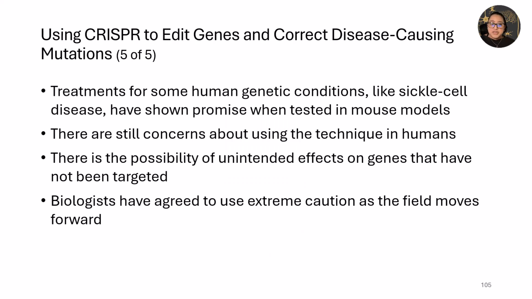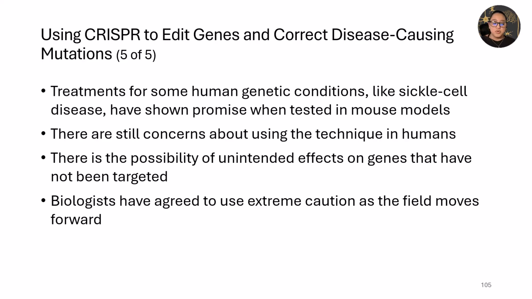And so treatments for some human genetic conditions like sickle cell disease have shown promise when tested with mouse models. But there are still concerns about using this technique in humans because it's not always 100% perfect. There is the possibility of unintended effects on genes that have not been targeted. So even though you're trying to specify as much as possible, like, hey, this is the sequence you should be looking for, sometimes it messes up and it cuts at the wrong sequence.